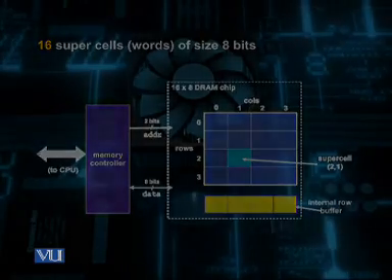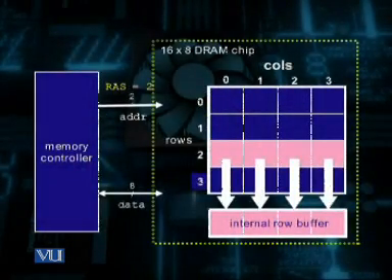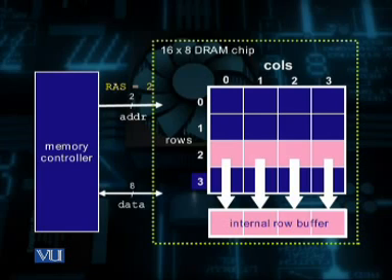Let us see how different steps are performed in order to read a cell from this dynamic RAM. The first step is that we apply the row access strobe, that is RAS, select signal to row 2. Following this, row 2 is copied from the DRAM array to the row buffer, as you can see from here.